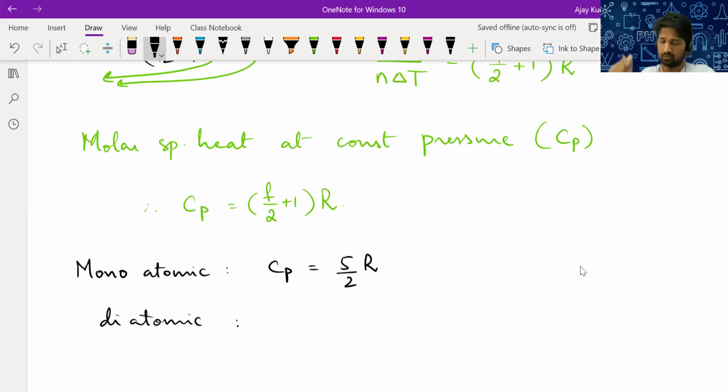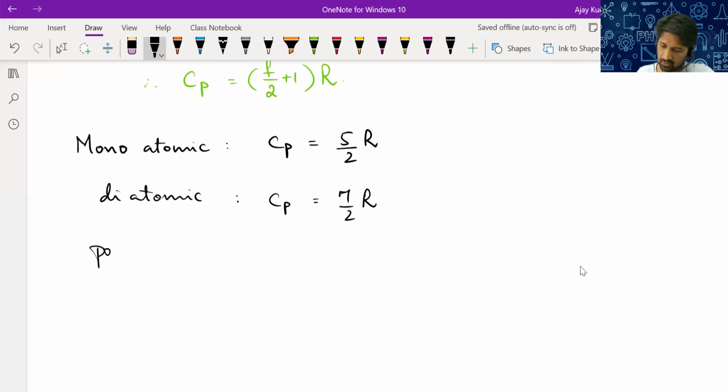Then 5 by 2 plus 1 becomes 7 by 2 multiplied with R. R is the universal gas constant. And polyatomic nonlinear has 6 degrees of freedom. 6 by 2 is 3, 3 plus 1 is 4. Cp will be 4R. So molar specific heat of a process carried out at constant pressure varies from gas to gas.